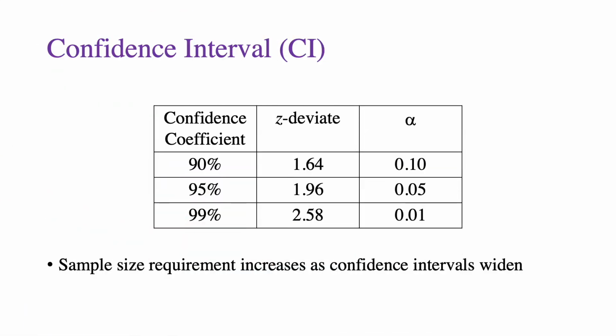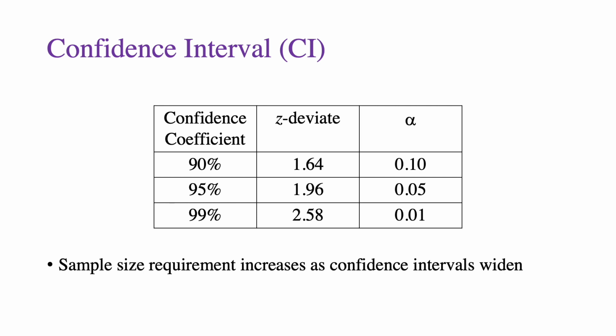Now, oftentimes you'll hear confidence intervals being described as, let's say, 90% or 95% or 99% confidence interval. In medical research, we usually default to the 95% confidence interval. This corresponds to what's called a z deviate of 1.96, which also corresponds to the often heard alpha error of 0.05.